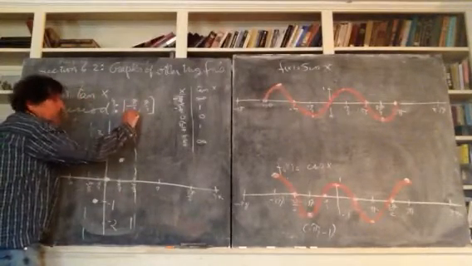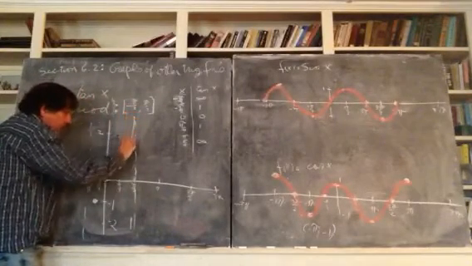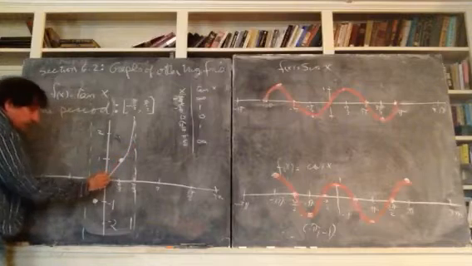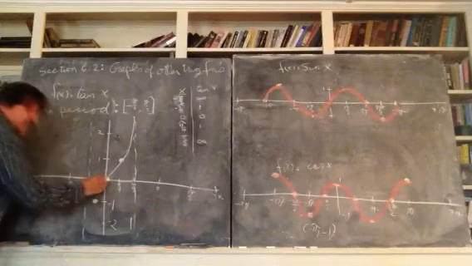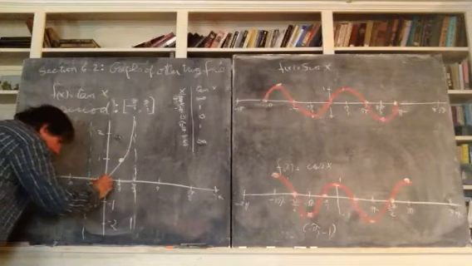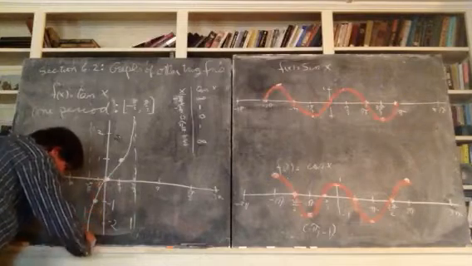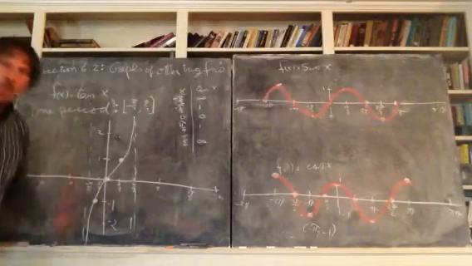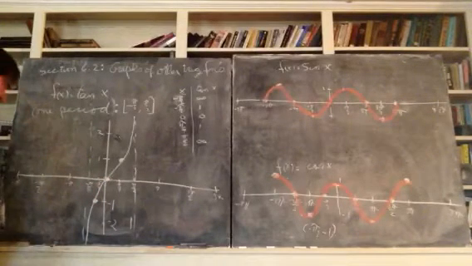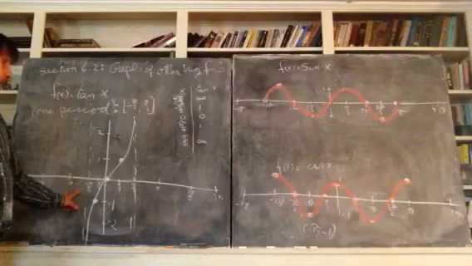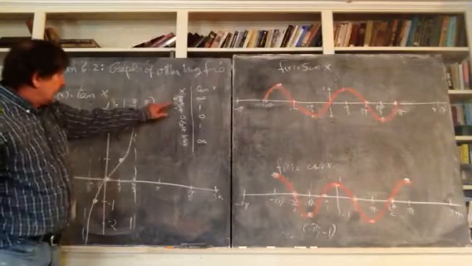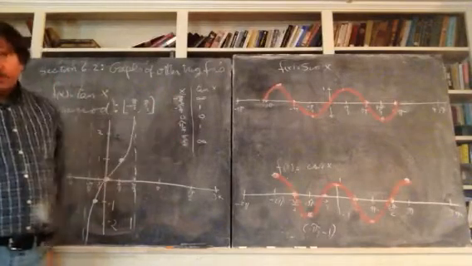The curve looks like this. Hits 0, and then it bends right. There's an inflection point, by the way. Bends down here and approaches that asymptote. And so that's 1 period of the tangent function, where pi over 2 and negative pi over 2 are asymptotes.